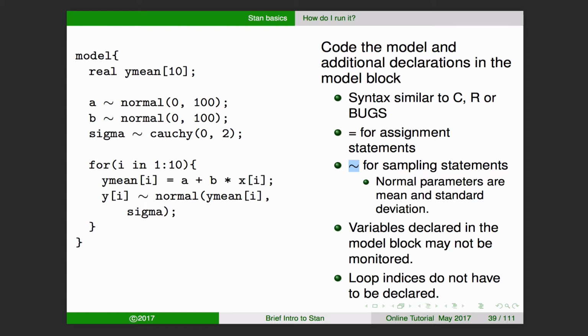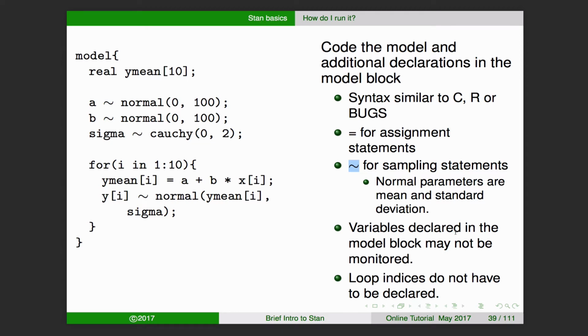And I just mentioned here, since different programs use different parameterizations for the normal distribution, they almost always use a mean for the first parameter, but some use a standard deviation, some use a variance, or BUGS, for example, uses precision. Anyway, in this case, the normal parameters are mean and standard deviation.